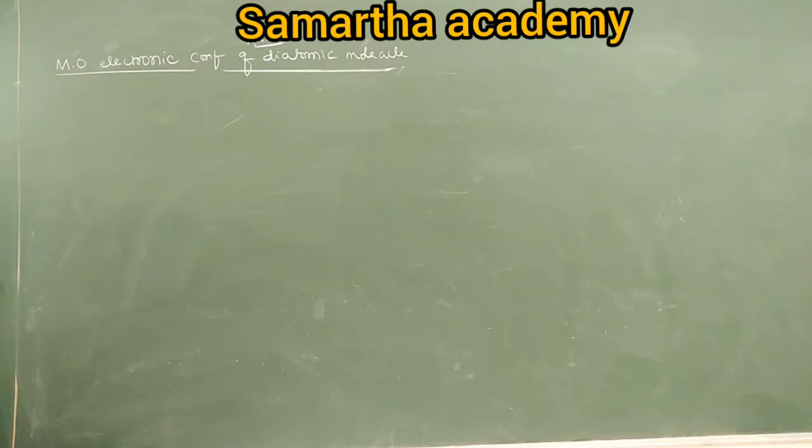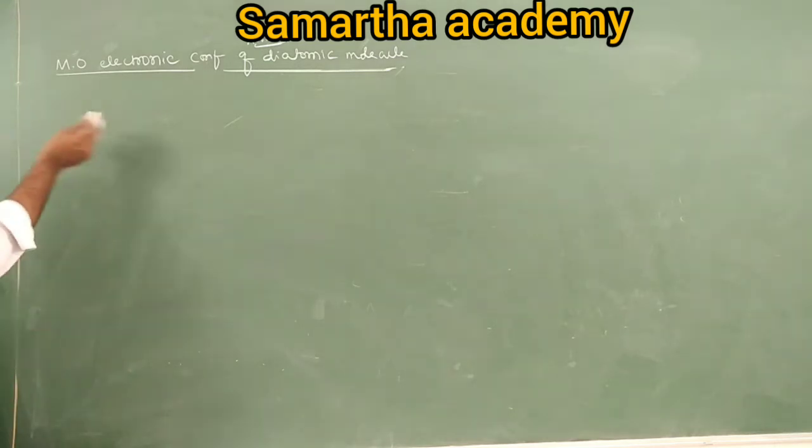Right, homodiatomic molecule. See, to write the electronic configuration of a molecule, we have two energy sequences. Do you remember? One energy sequence is up to nitrogen, 14 electrons. Up to nitrogen, 14 electrons, we follow one energy sequence. And for 16 and above, 16, 17, that is oxygen and above electrons, meaning fluorine, neon, etc., we have another sequence, right?